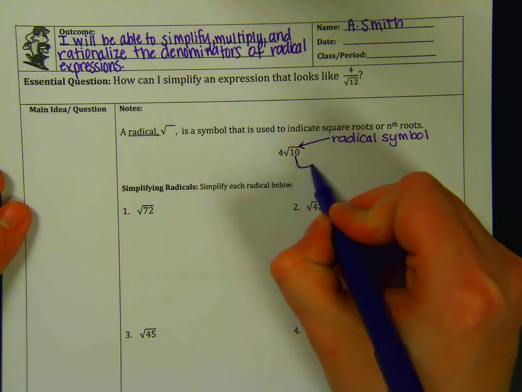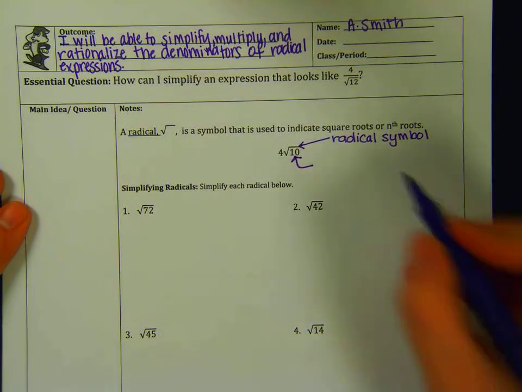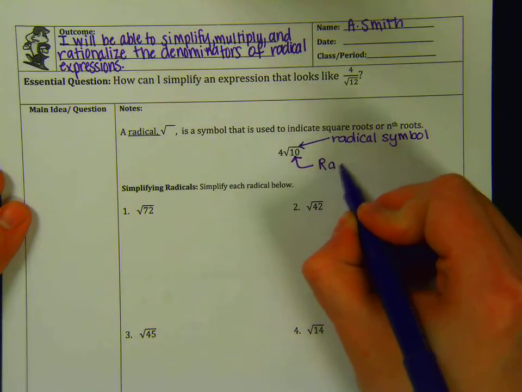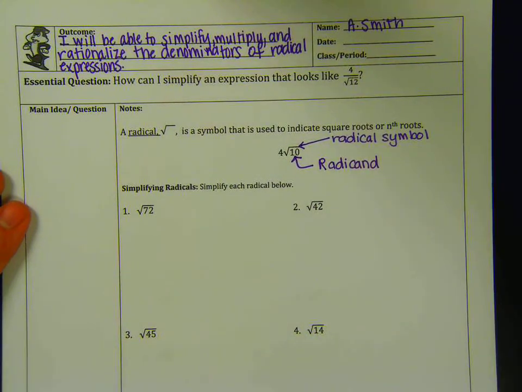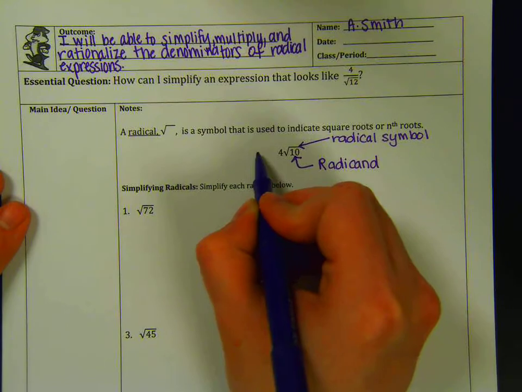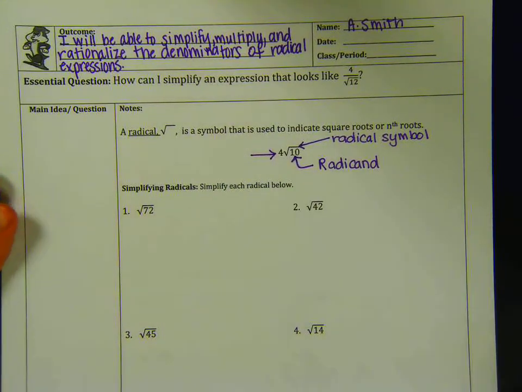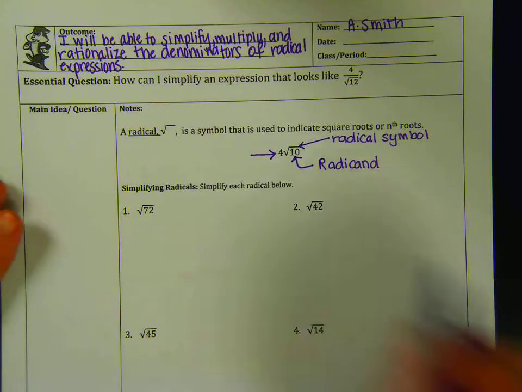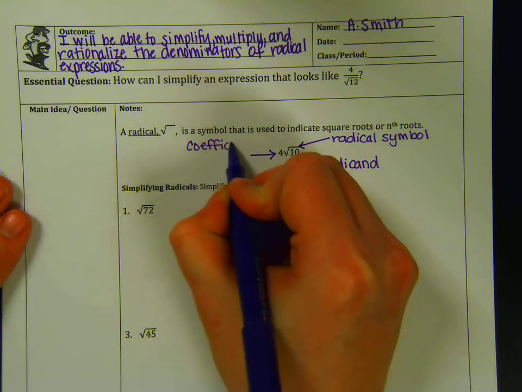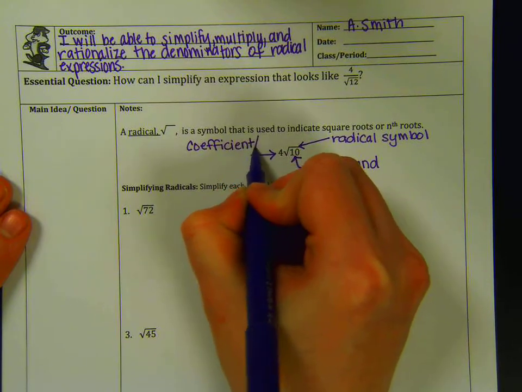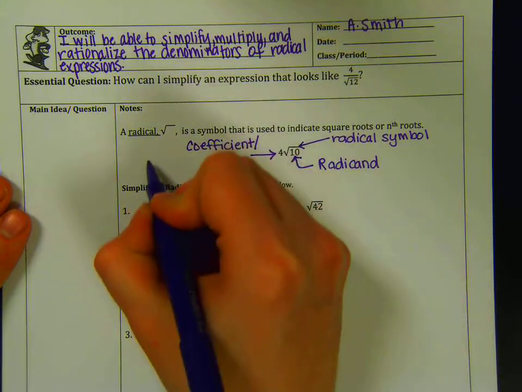This 10 that's underneath the radical is called a radicand. And the 4 that's on the outside, that's not always going to be there. Sometimes it's 1, sometimes it's 2, whatever. That 4 is the coefficient, or just the number that it's being multiplied by.